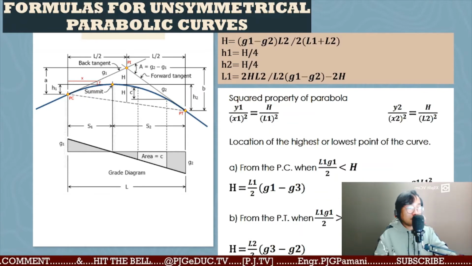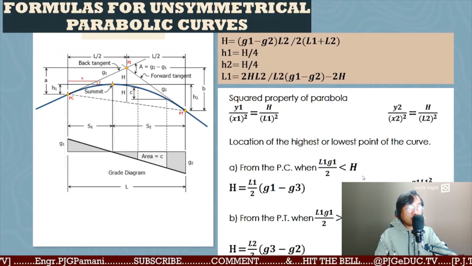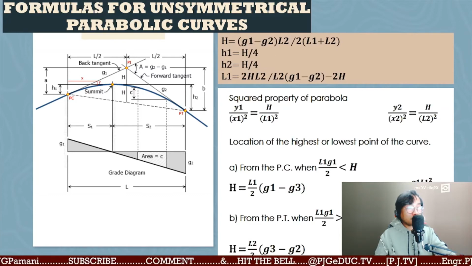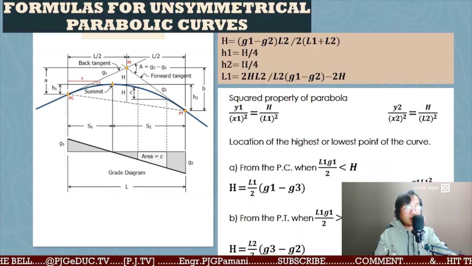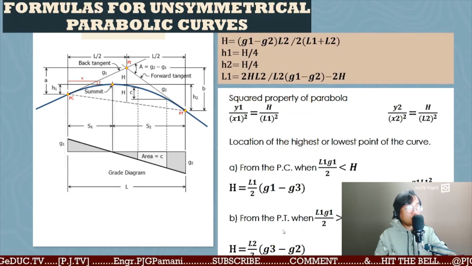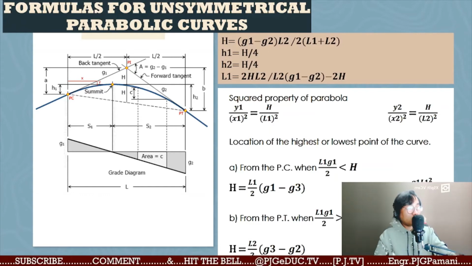Okay? Naintindihan po? Then you can compute H as equal now to L1 over 2 of G1 minus G2. G2 yan. Bakit naka G3? Then H is L2 over 2 of G1 minus G2.